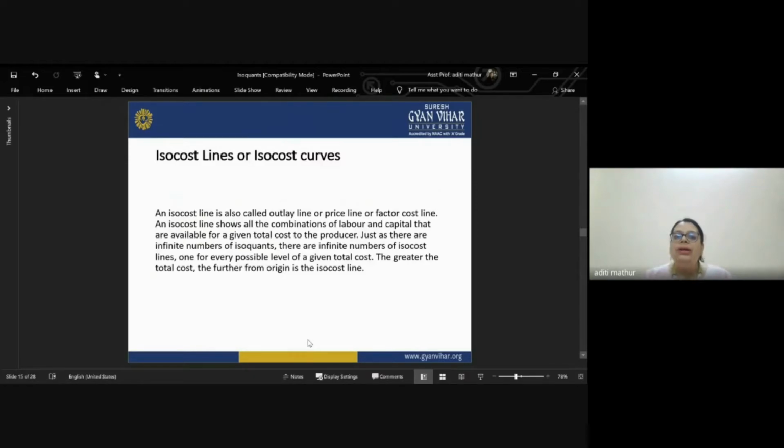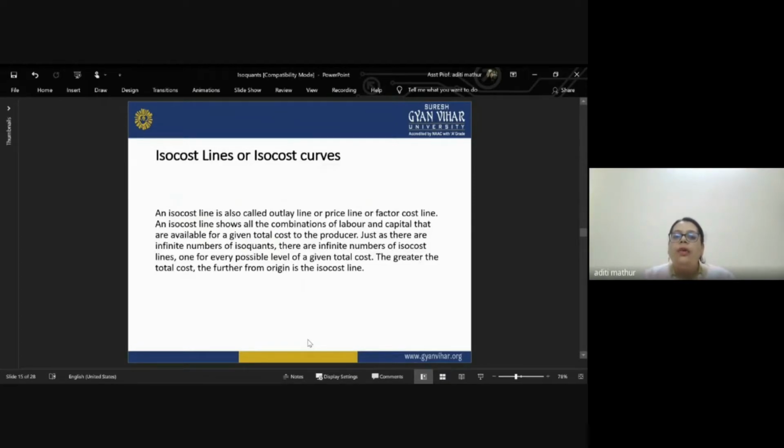An isocost line is also called an outlay line or price line or factor cost line. An isocost line shows all the combinations of labor and capital that are available at a given total cost of the producer. Just as there are an indefinite number of isoquants, there are infinite numbers of isocost lines.